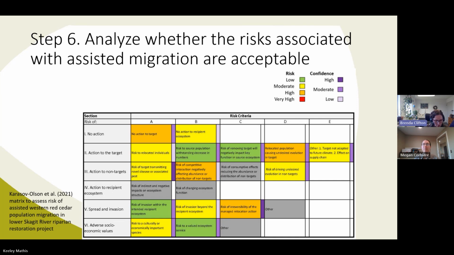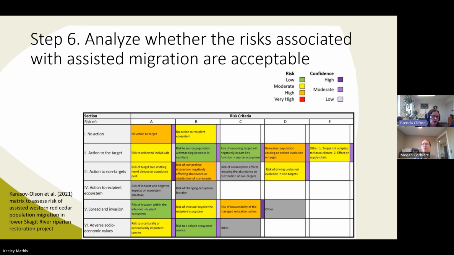Two, there's a single category that makes the project too risky, like for example, under risk of 5 spread and invasion, if Western red cedar had the traits of an invasive species and that turned out to be very high risk, I mean, you'd just look at it and be like, no.